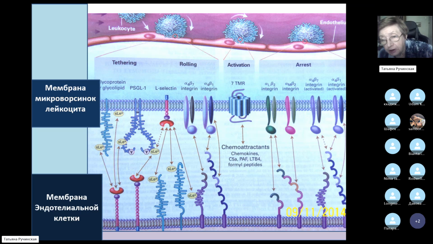That is why adhesion begins. You see the hook from the ICAM or VCAM that binds to this bubble on the end of the integrins. That is why closer contact appears between these adhesion molecules.